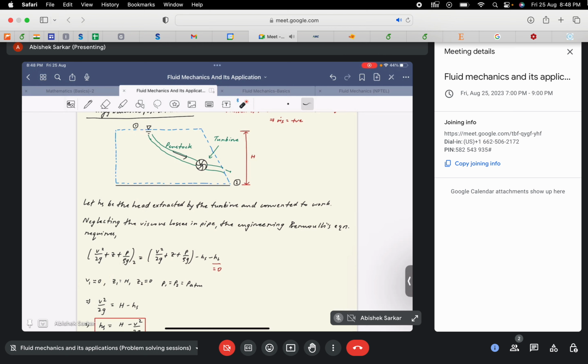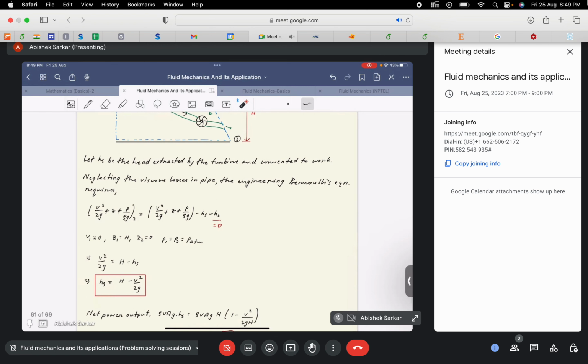Then z1 is equal to h, and if we take z2 as 0 as our datum, then p1 equals p2, because the liquid leaves as a free jet, so p1 is equal to p2, which is equal to patm. Keeping that in mind, we would have v square by 2g is equal to h minus hs.